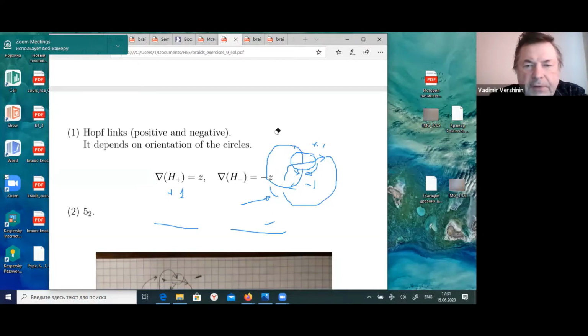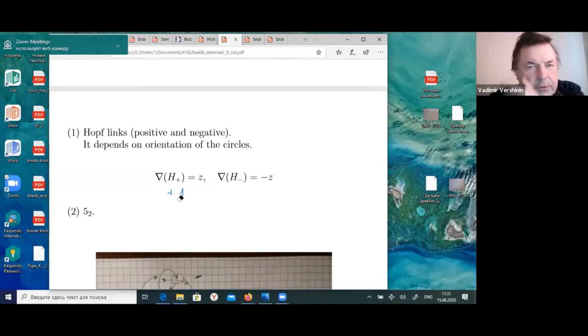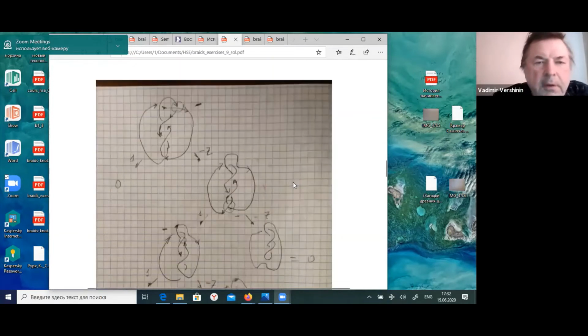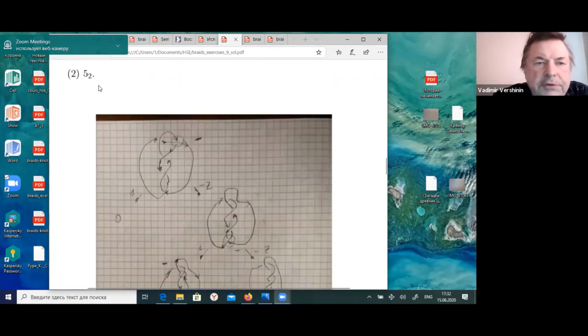Let us consider the Alexander polynomial for the knot 5_2.